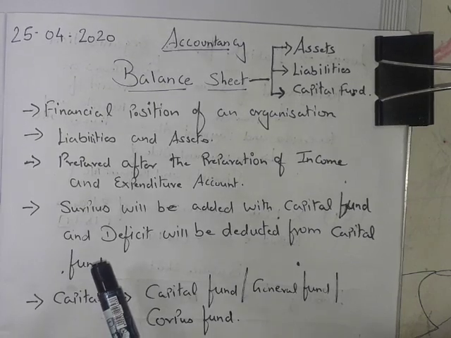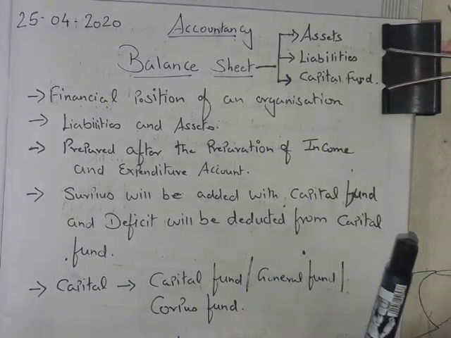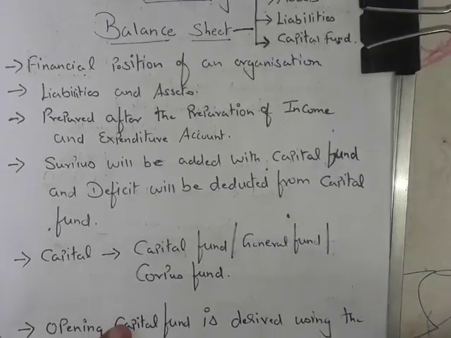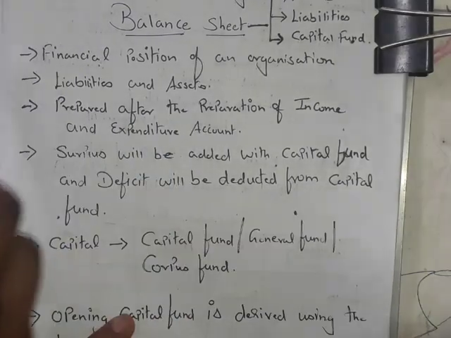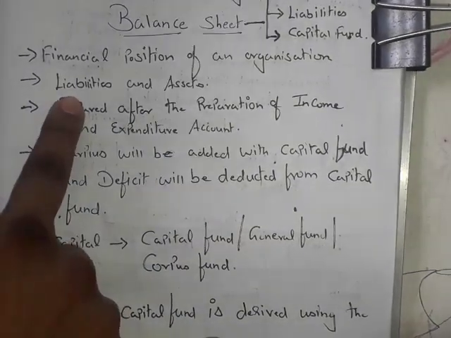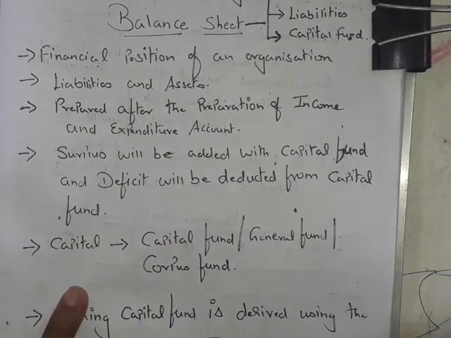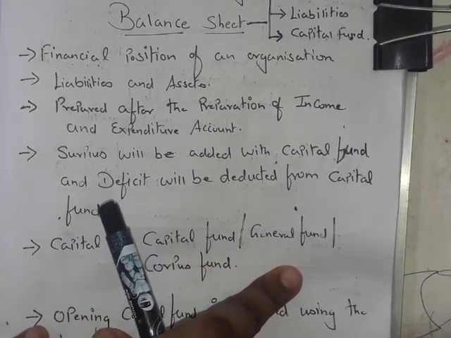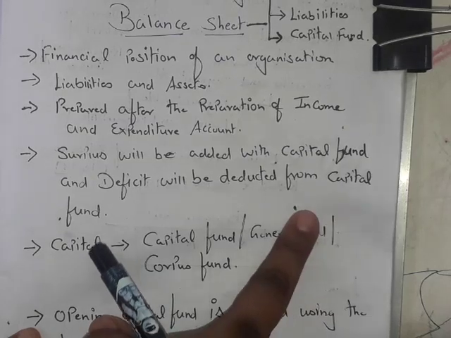The next one is the liabilities and the assets. A balance sheet consists of both liabilities and assets. Liabilities will be on the left hand side, assets will be on your right side. And it is prepared immediately after preparation of your income and expenditure account.